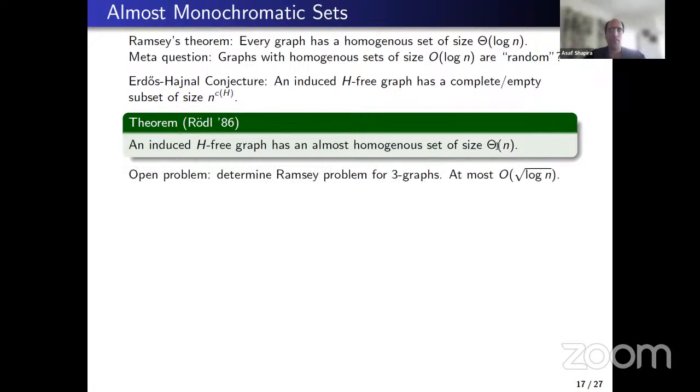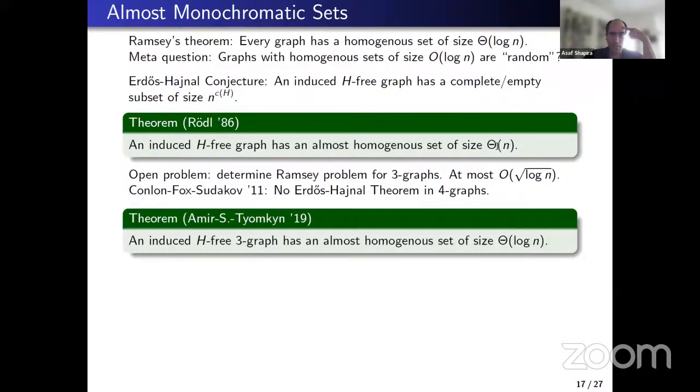So unfortunately for hypergraphs, another major open problem is to determine the Ramsey function for 3-graphs. So we know that it's at most a square root of log n. And we also know that probably there is no analog of the Erdős-Hajnal conjecture, meaning we don't gain anything by assuming that our graph is induced H-free, if we really insist on getting either a complete or empty set.